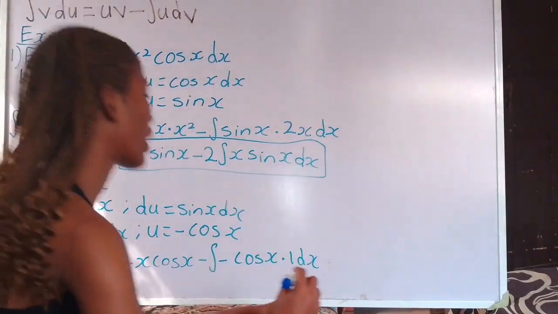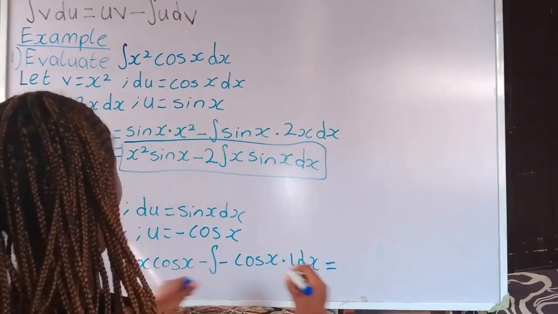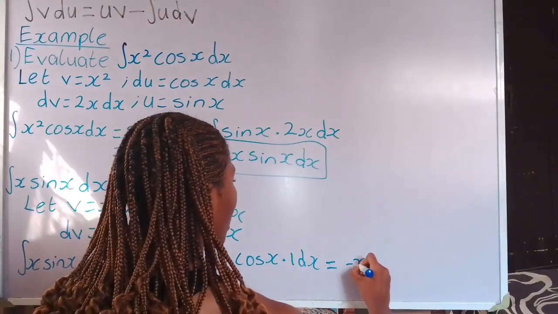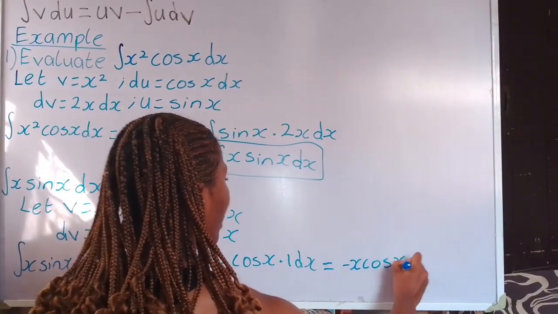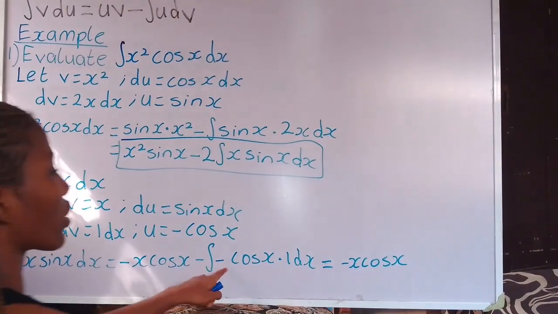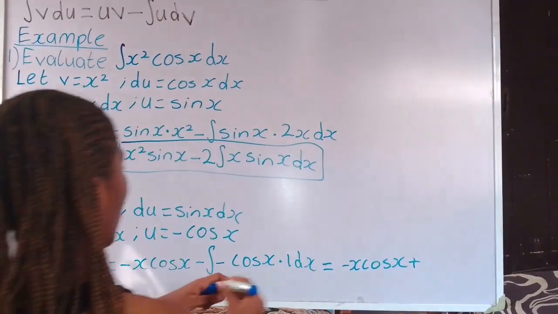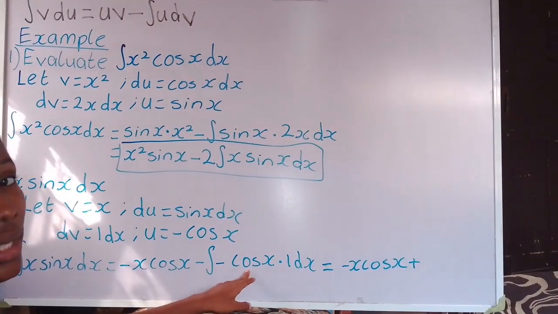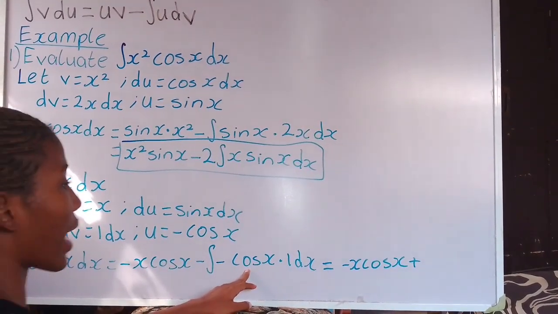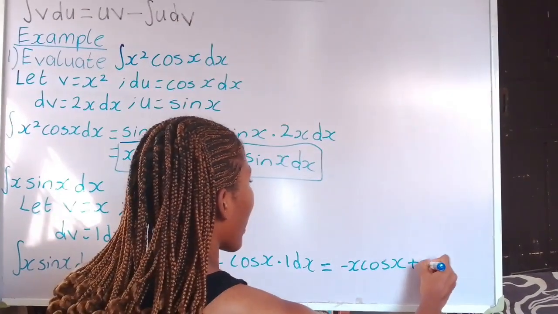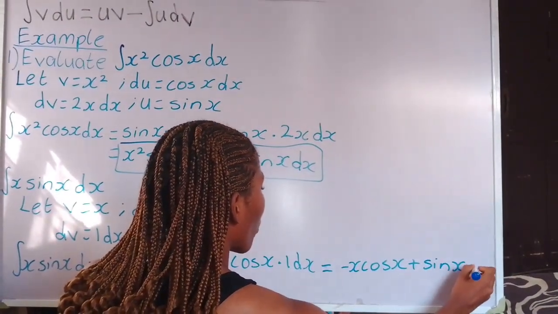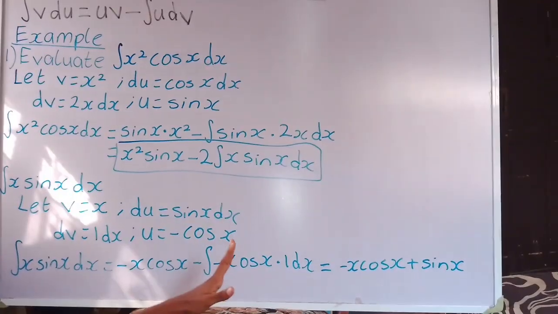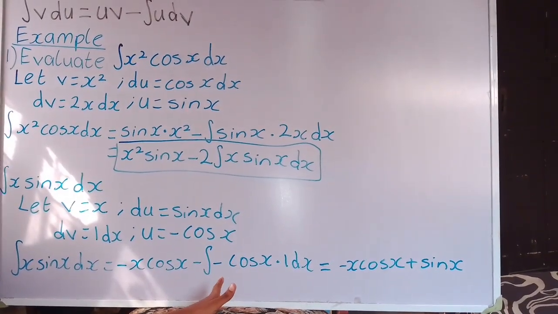So this will give us minus x cos x. Now here, minus times this minus sign will give us plus integral of cos x. Integral of cos is sine, so plus sine x. We'll not add our plus c yet because we're not done integrating the entire function.